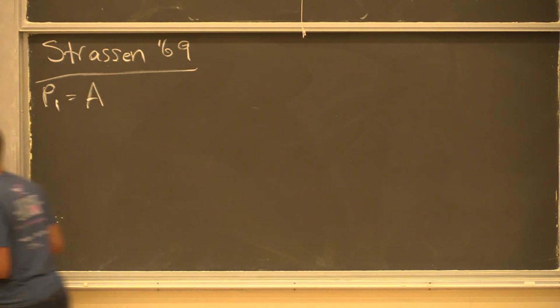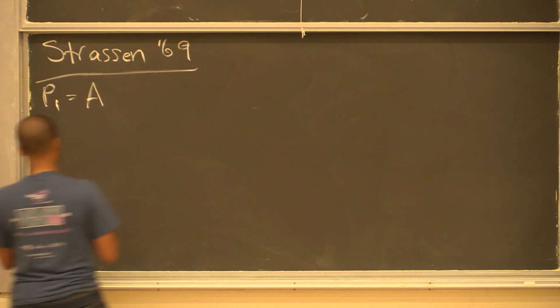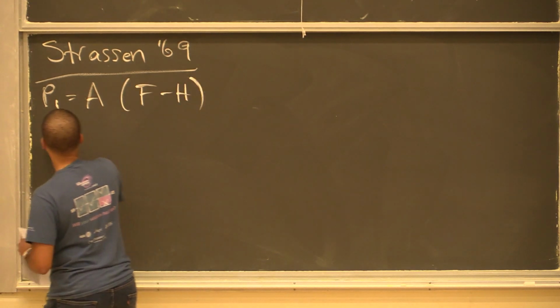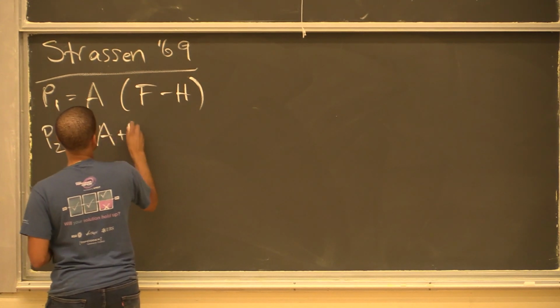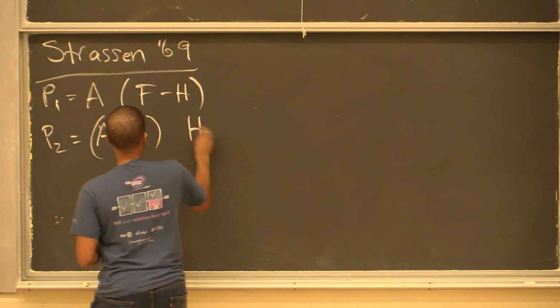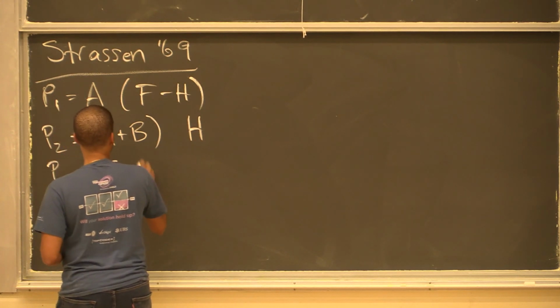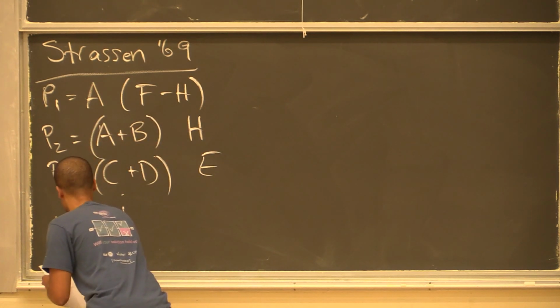P1 is A times F minus H, and P2 is going to be A plus B times H, and P3 is going to be C plus D times E, all the way down to P7 being something.